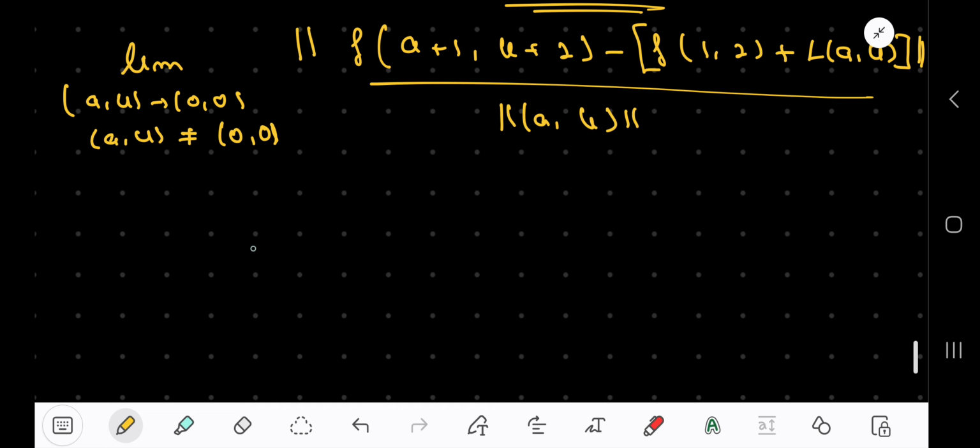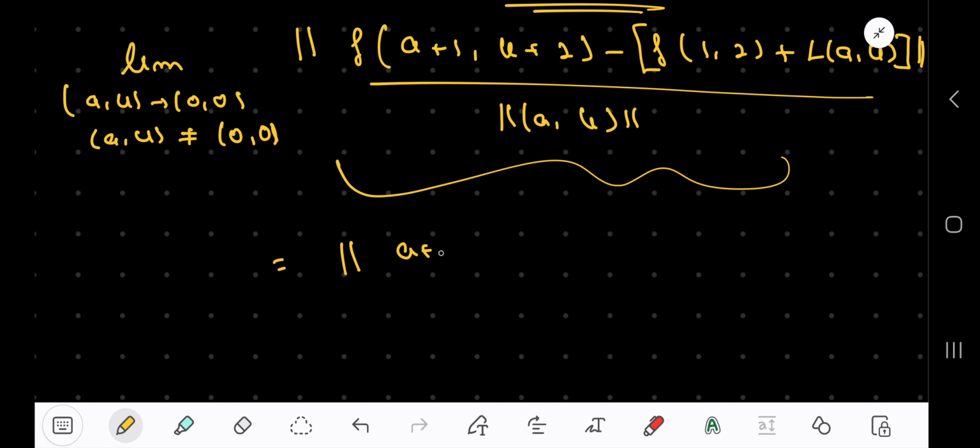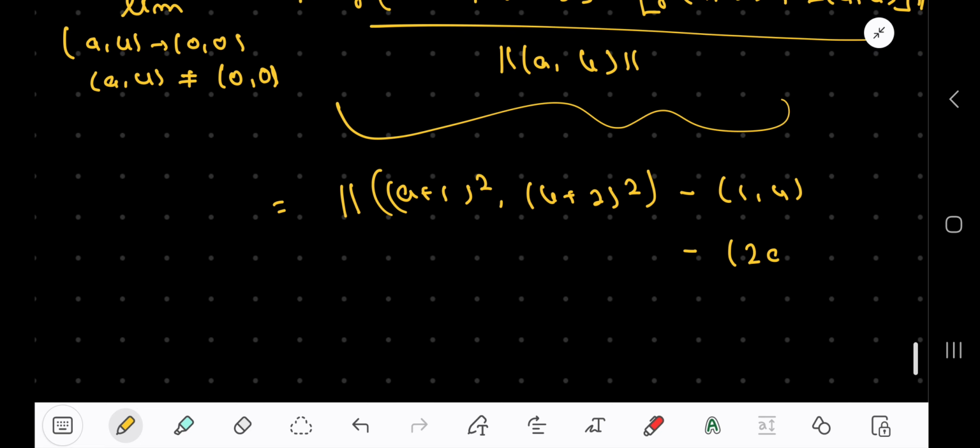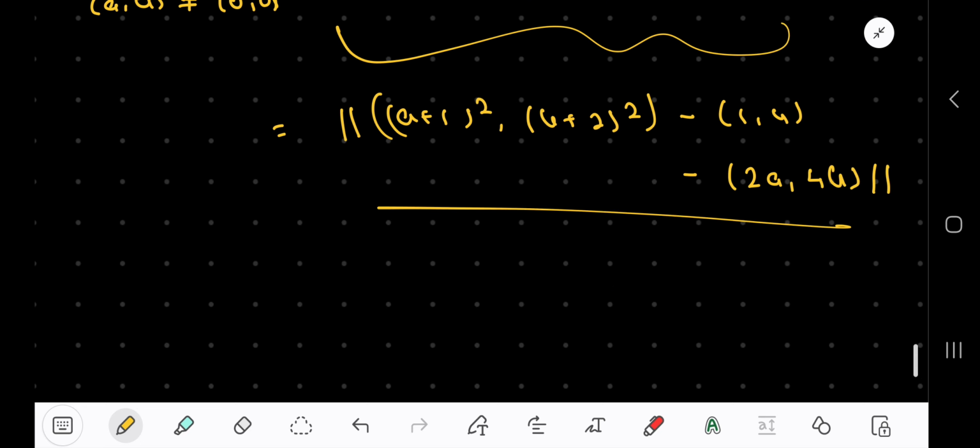Fine. So now we just need to put in these values. I am not writing the limit again and again. So just put in the value. What is f? f was x squared plus y squared, right? So this is just (a plus 1) squared plus (b plus 2) squared, minus f at (1,2), which was 5 clearly, and L at (a,b) was 2a plus 4b, divided by the norm of (a,b).